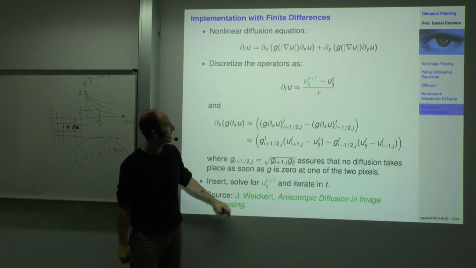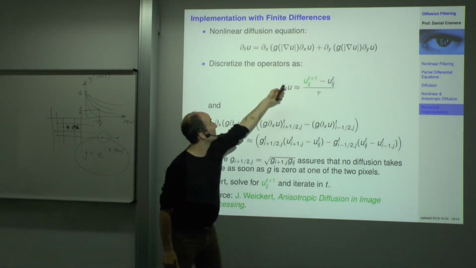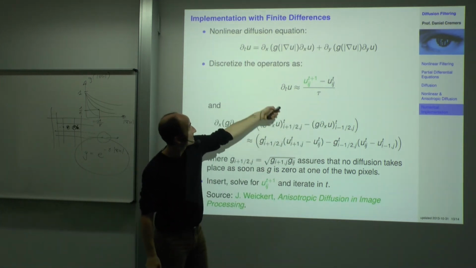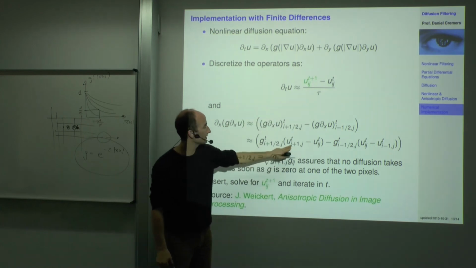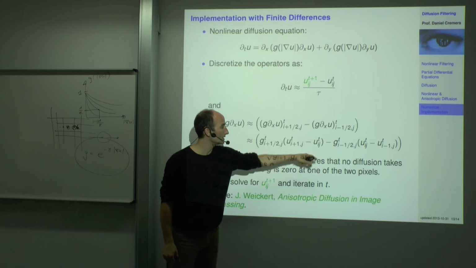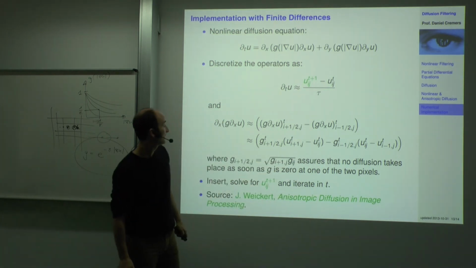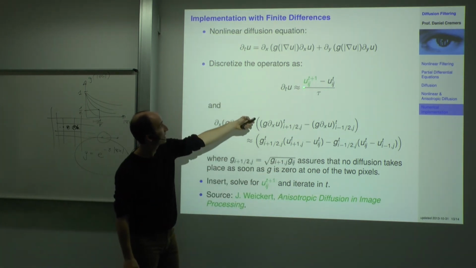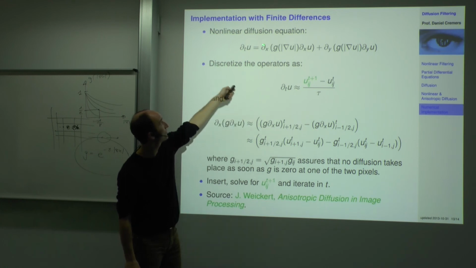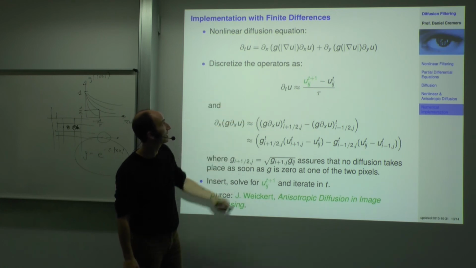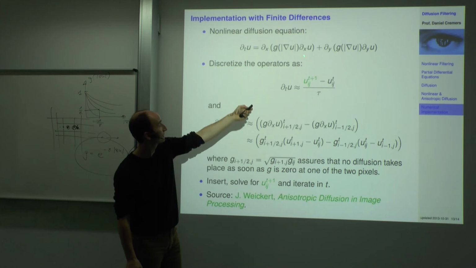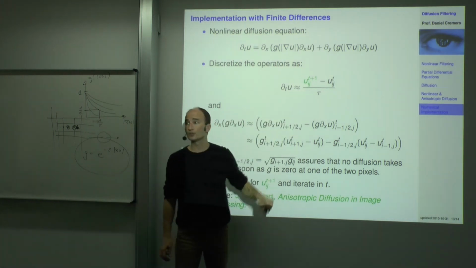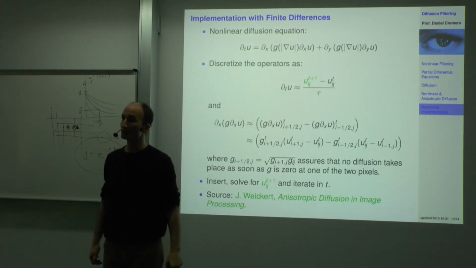And so what you do now is you have the discretization of this term here, and a similar discretization for the y derivative, basically the same, except in i you do it in j. And then on the left hand side you have u_ij at t plus 1 minus u_ij at t over tau, and you can basically multiply the tau over to the right hand side and solve for u_ij at time t plus 1.